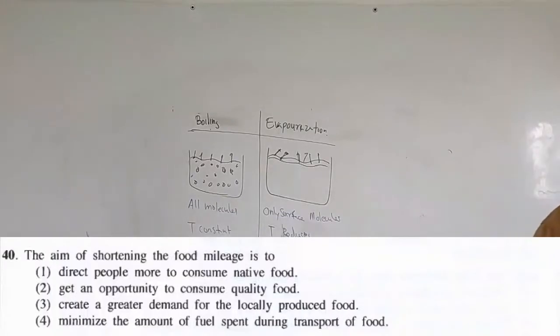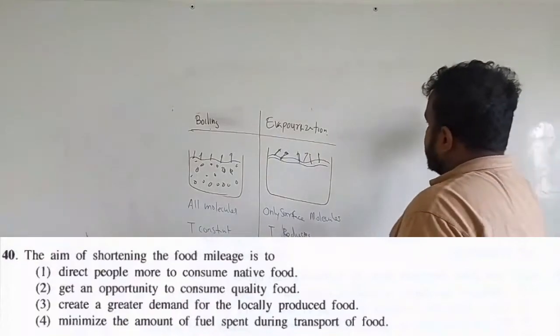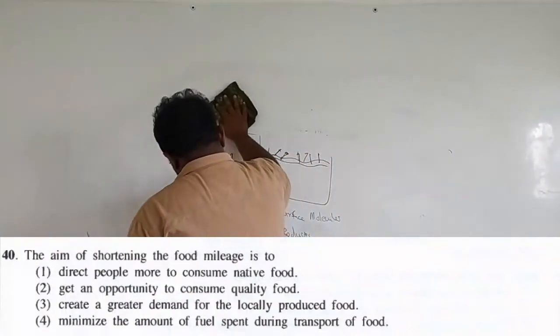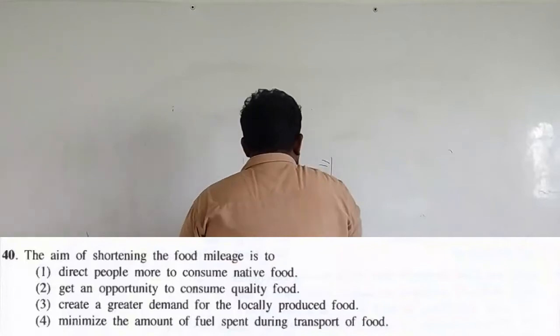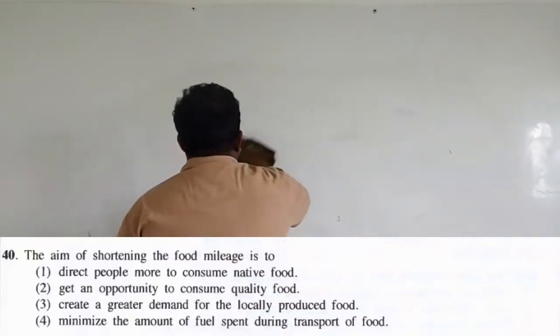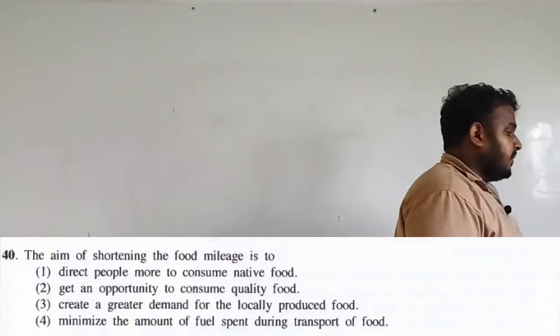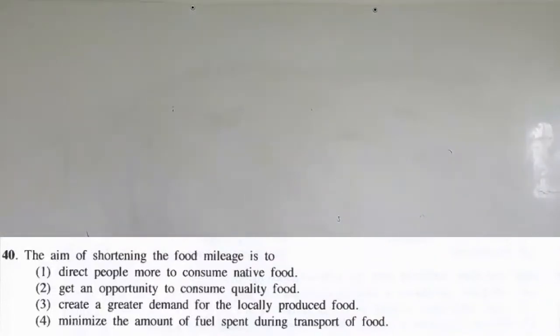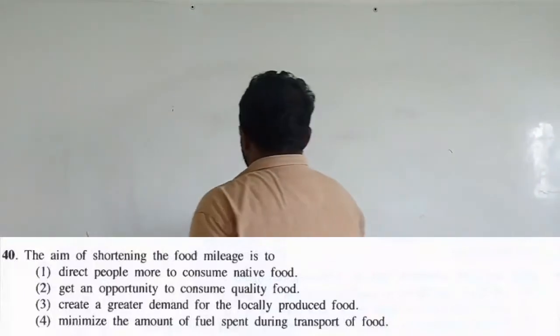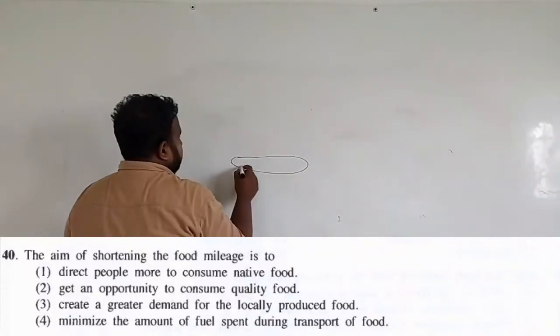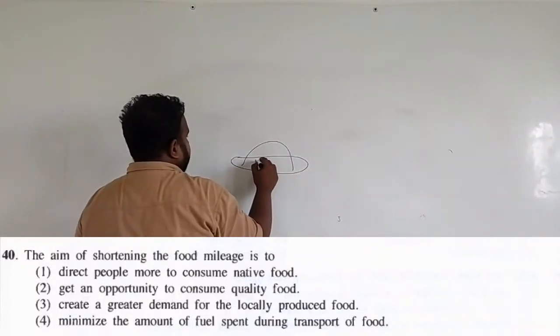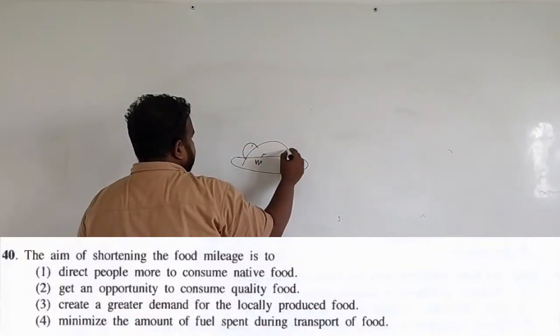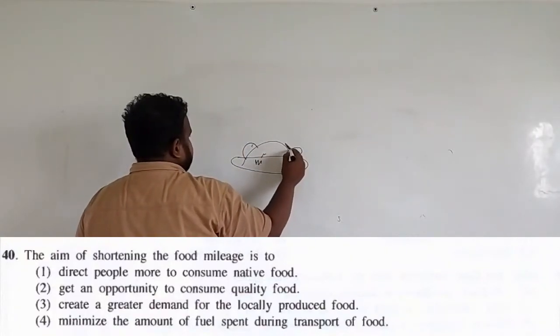The aim of shortening the food mile. What is food mile? From how far the food comes. For example, let's consider your lunch table made up of rice and then dal and then a piece of chicken, right?